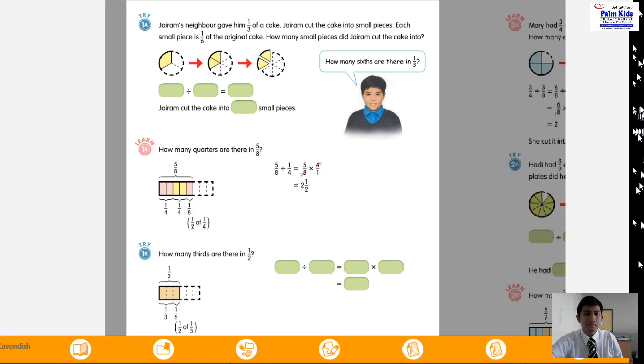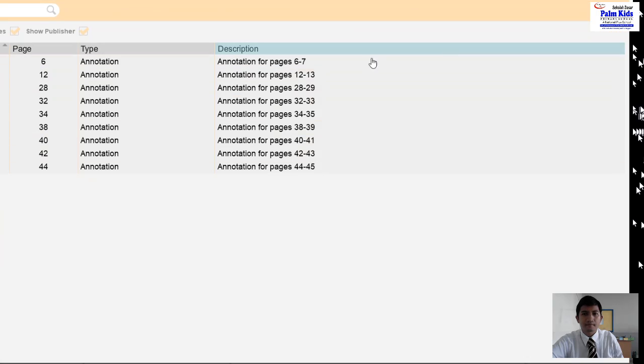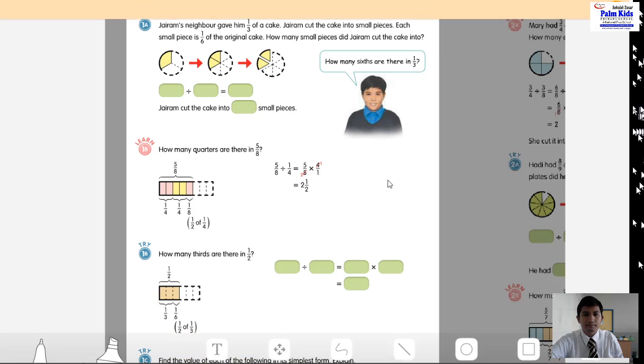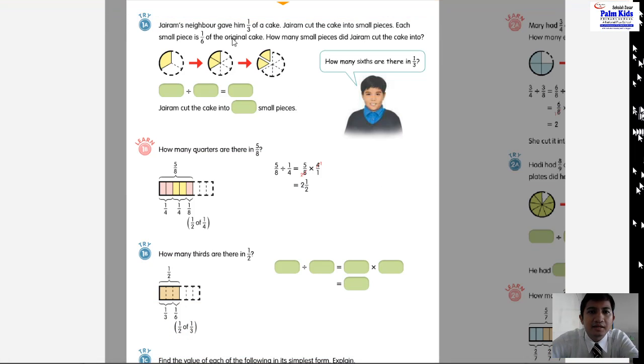Number 1. Jairam's neighbors gave him 1/3 of a cake. Jairam cut the cake into small pieces. Each piece was 1/6 of the original size of the cake. How many small pieces did Jairam cut the cake into?